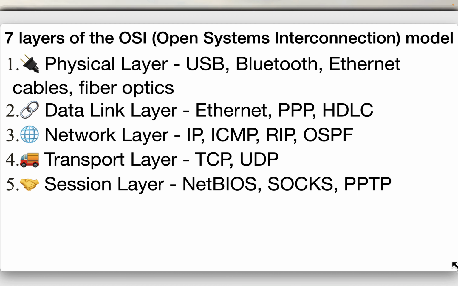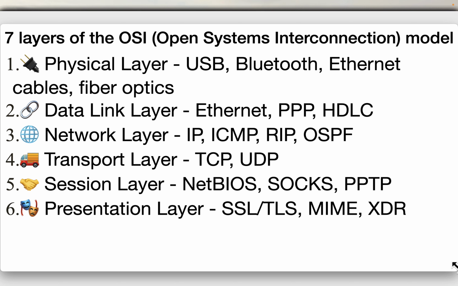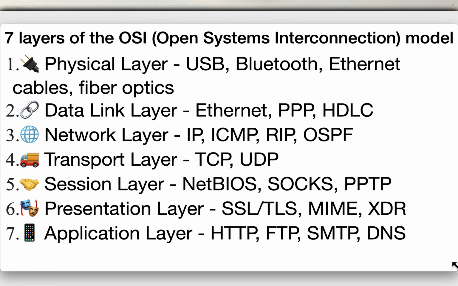Examples include NetBIOS, SOCKS, point-to-point tunneling protocol. And then we have the presentation layer: SSL, TLS, MIME, XDR. And last, seventh, we have the application layer, which consists of HTTP, FTP (file transfer protocol), SMTP for mailing and all, DNS, domain naming service. We'll just focus on the application layer, transport layer and network layer for our product comparison.